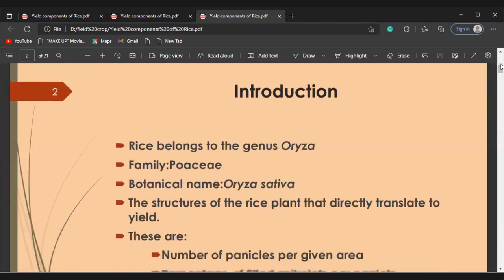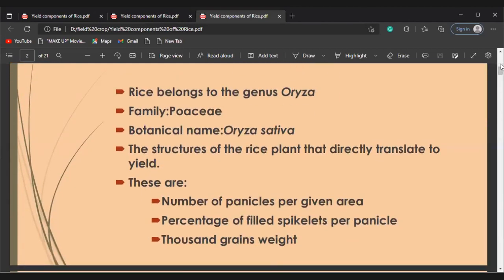Okay. As we already discussed, rice belongs to the family Poaceae, and the botanical name is Oryza sativa. The inflorescence is called the panicle. In the panicle, there are spikelets. In the spikelets, there are parts.